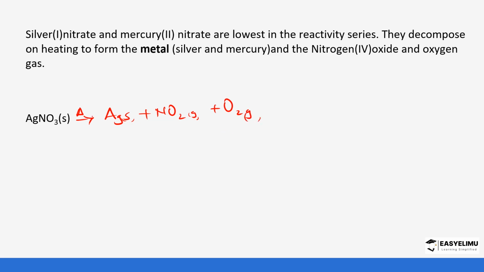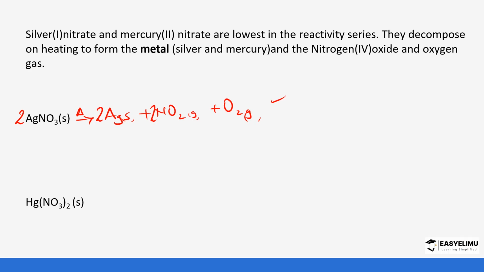So we have one silver on both sides, nitrogens are 1 on both sides, the oxygens are not equal. So we need to equalize the oxygen. So you put a 2 in front of silver. It's going to give us 2 silver, so we have to put 2 here as well. So we have 2 nitrogen, so we have to put 2 here as well. So that gives us 6 oxygens in the reactant, 4 plus 2 in the product. So this is balanced.